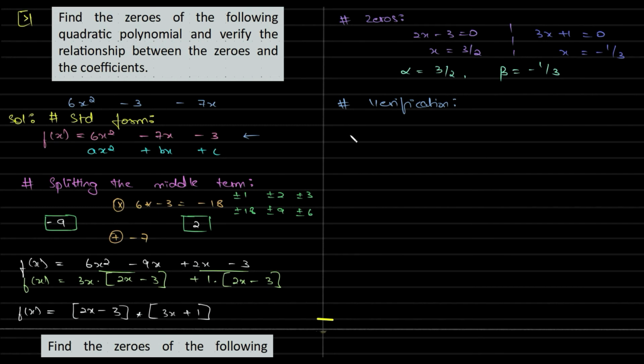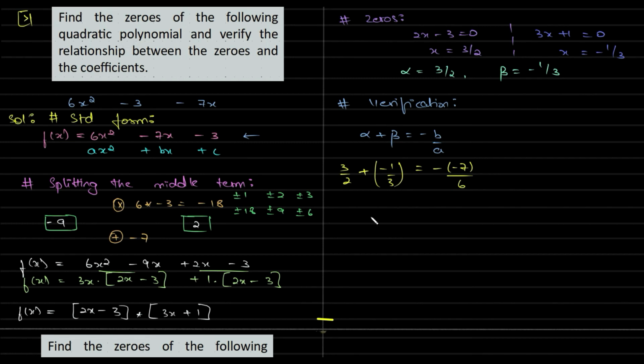Now let's verify. To verify, we just need to write the formula. Alpha plus beta is minus b by a. Now substitute. Alpha is 3 by 2 plus beta is minus 1 by 3 being equal to minus b is minus 7 by a, which is 6.